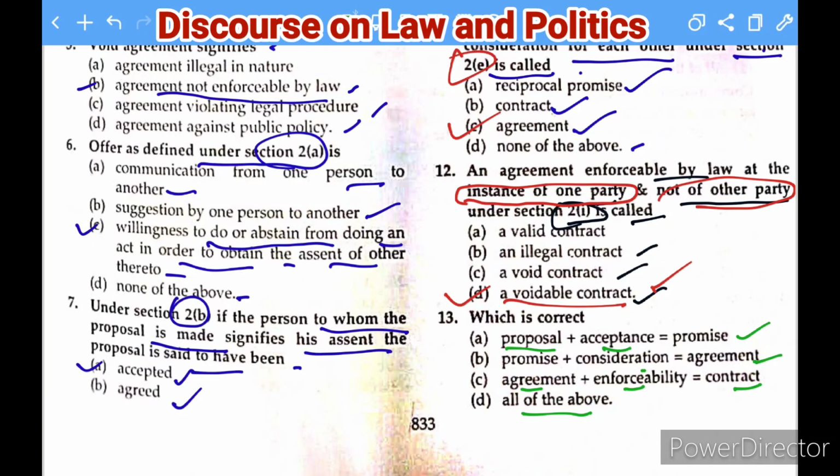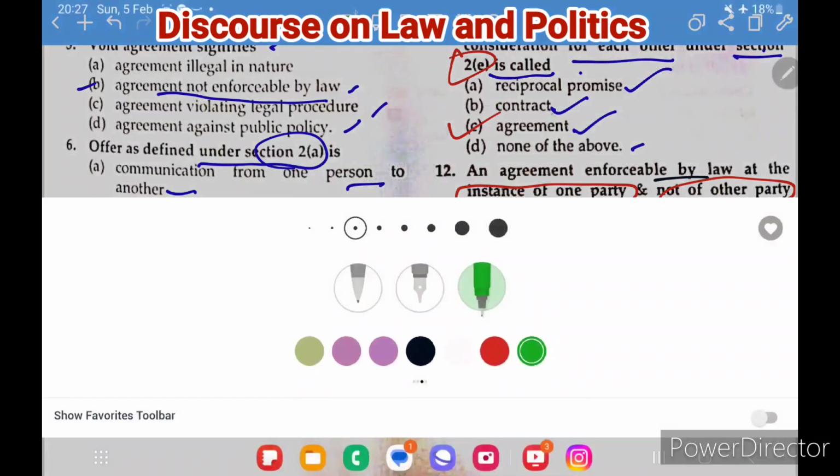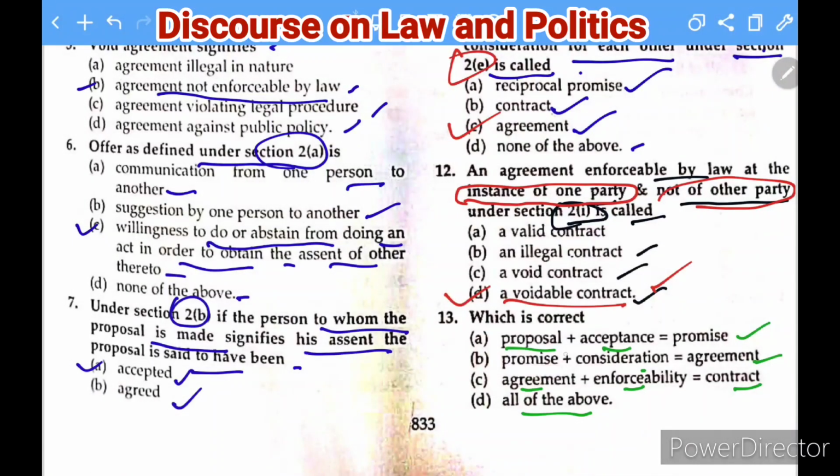You all know, my friends, that whenever there is a proposal plus acceptance, it becomes a promise. When promise plus consideration, then of course it becomes an agreement. Agreement plus enforceability, that means enforceable by law, becomes the contract. So all the statements given here are correct.